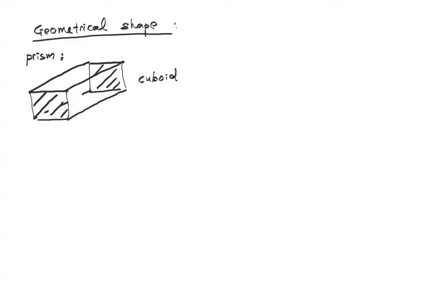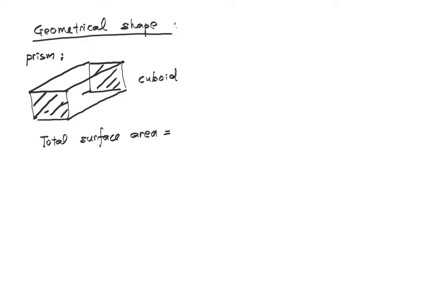So when we talk about a prism, how do you find the total surface area? Are you going to count surface by surface?